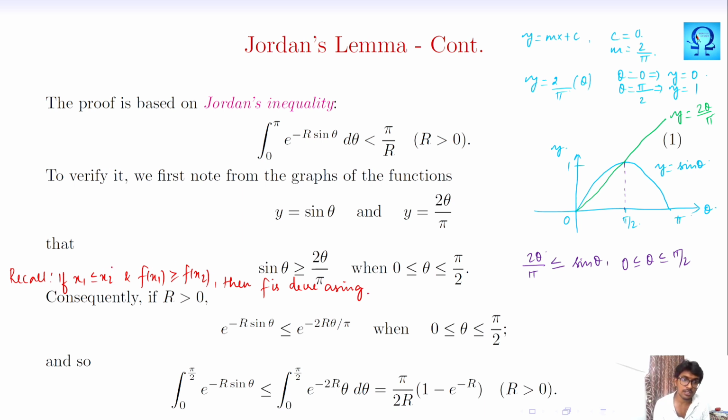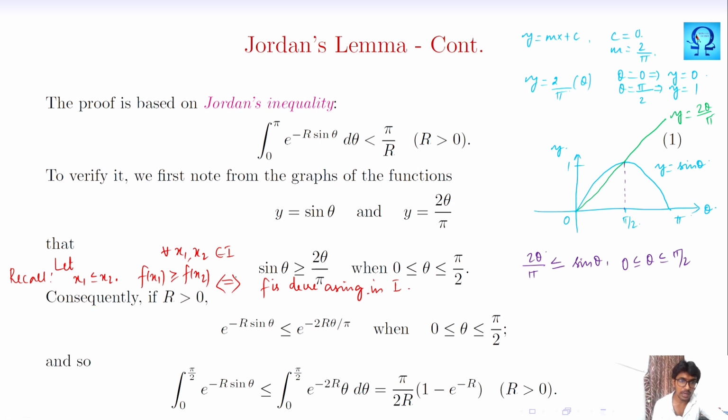This has to be true for all x1 and x2 in some interval I. Then we say that f is decreasing in that particular interval I. So let this be true for all x1 and x2 in I. If f of x1 is bigger than or equal to f of x2, then f is decreasing on I, and if f is decreasing on I, then this is going to be true. So this is the definition. Hence it has to be a two-way thing.